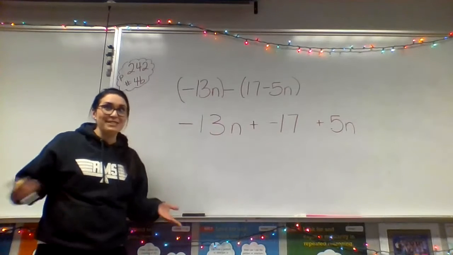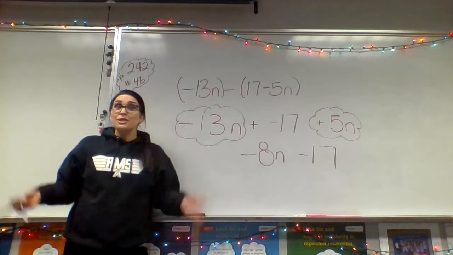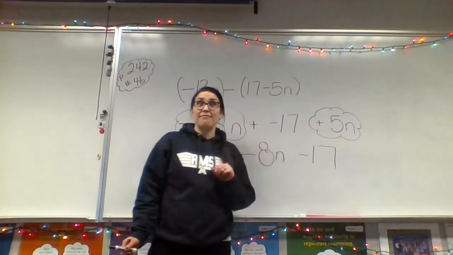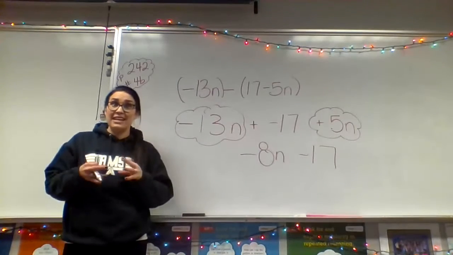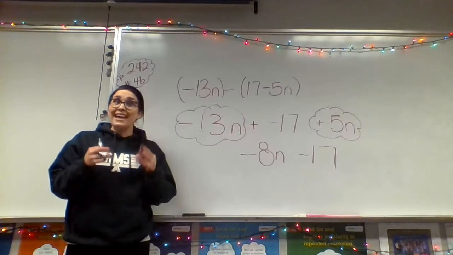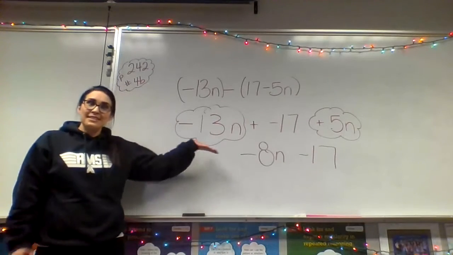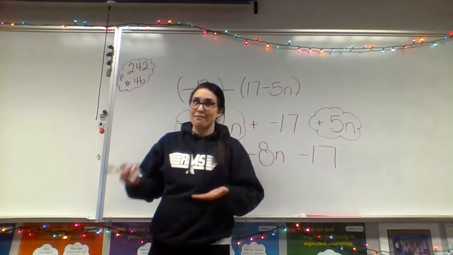Now, do you see some like terms, my friends? Now let's start combining them. So our two like terms in this expression, negative 13n plus 5n. And remember, when you add a positive and a negative number together, you take the sign from the absolute value that was the highest. So in this case, the absolute value of 13 is bigger than the absolute value of 5.